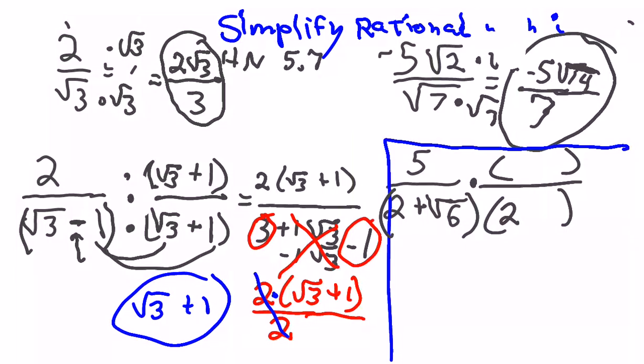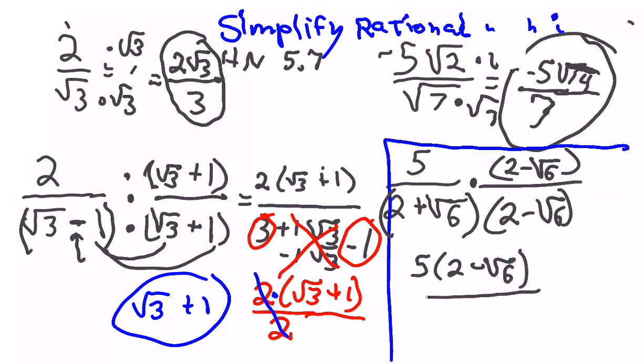What do I do with the sign? Minus square root of 6. And on top, 2 minus square root of 6. Okay? We multiply, and on top, we don't even bother, just write it down. 5 times the quantity 2 minus square root of 6.